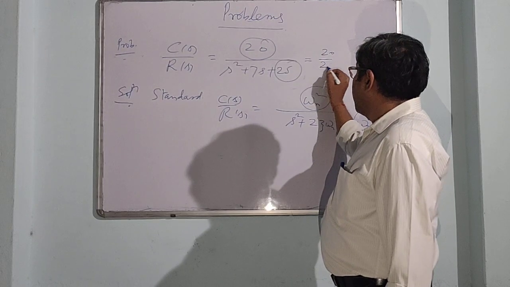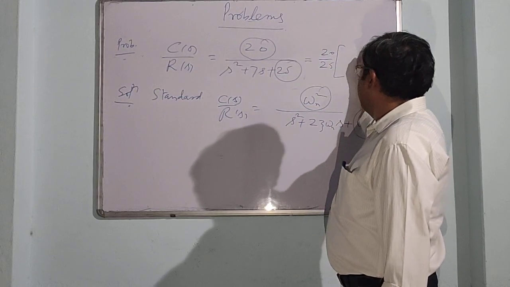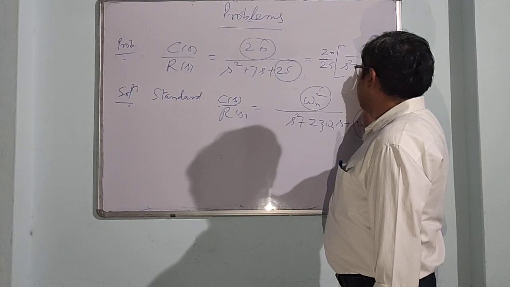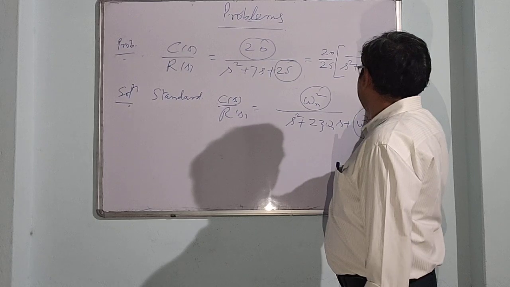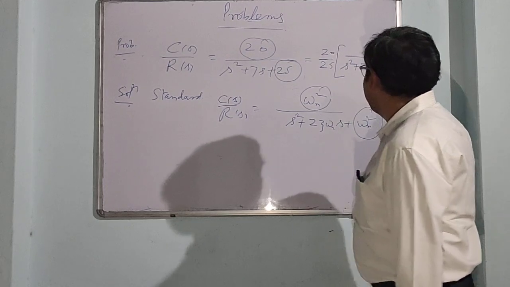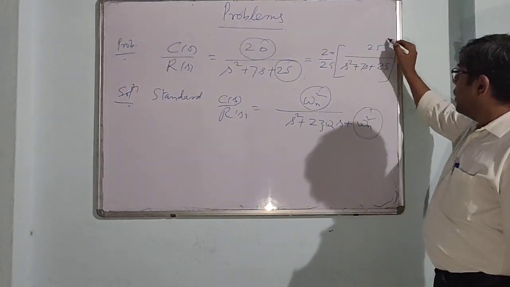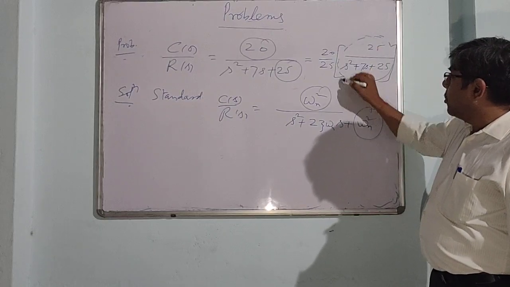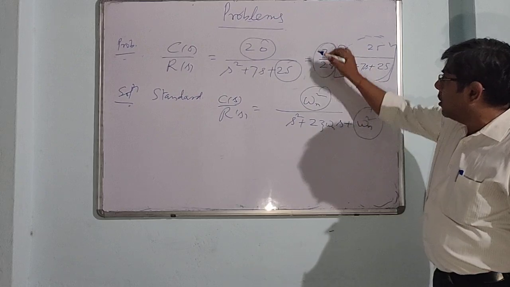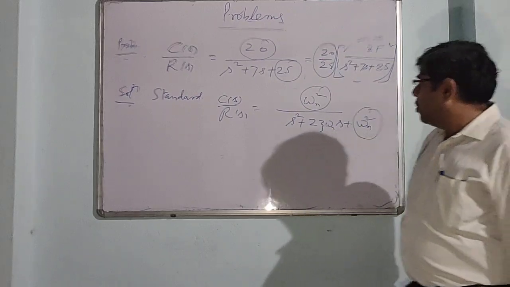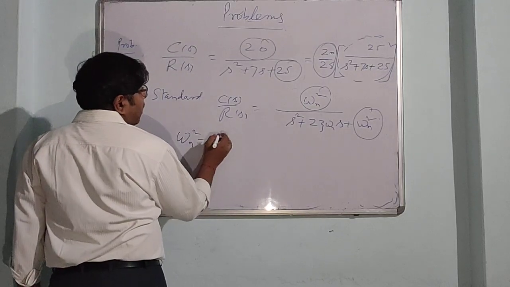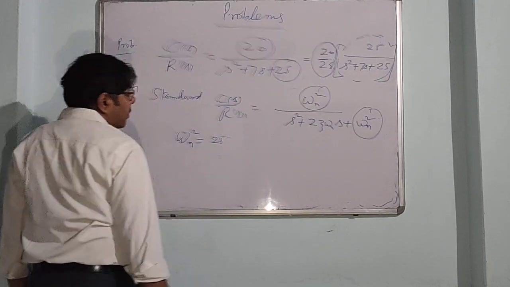So now we can write this like 20 upon 25, in bracket 25 upon this. So from here, now you can compare this value. So this is the transfer function multiplied by a constant. This is a constant. So you can compare and get omega n square for the given system is 25.